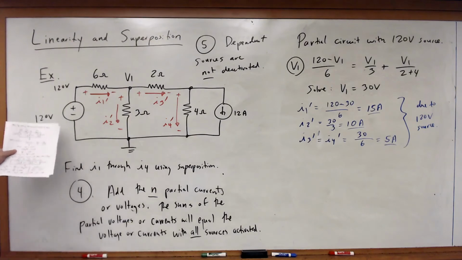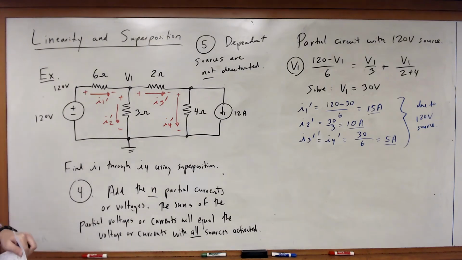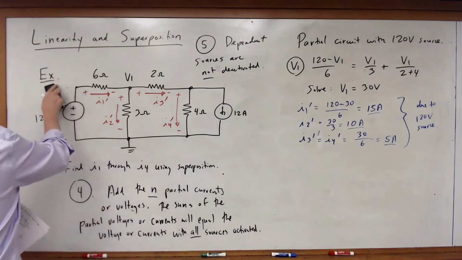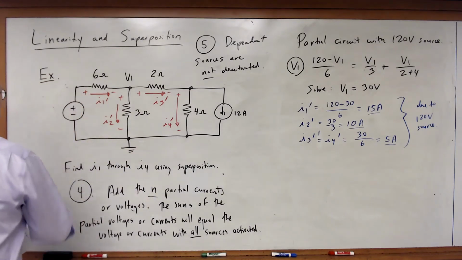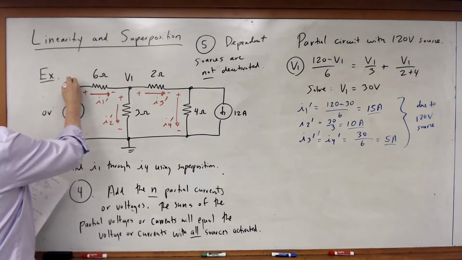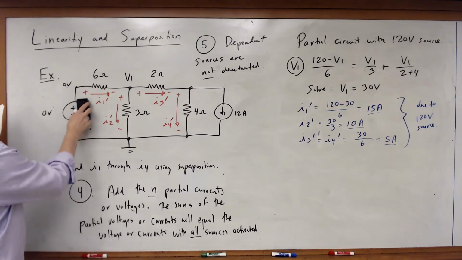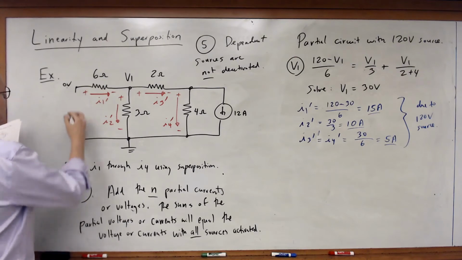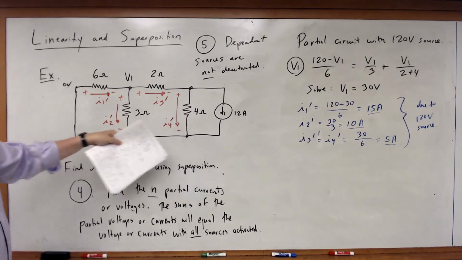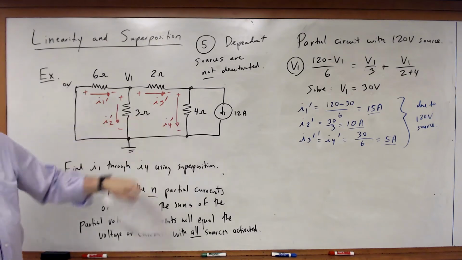And now I'm going to zero out the 120 volt source. And once I do that, this becomes 0 volts. That means this node is 0 volts, and in other words, this is just a wire. This just becomes a wire. This is all just now the ground node, along the side and along the bottom.